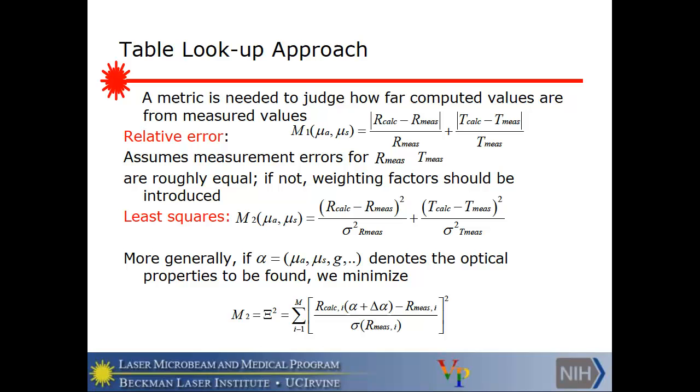If they're not, then you should use a weighted least squares. Standard least squares has coefficients of 1 here. So 1 over r and 1 over t are assumed to have appropriately comparable weights. If they don't, then the variance associated with the measured value should appear in the denominator. That means that if the variance is smaller, you'll have a higher weight assigned to that sum of squares component.